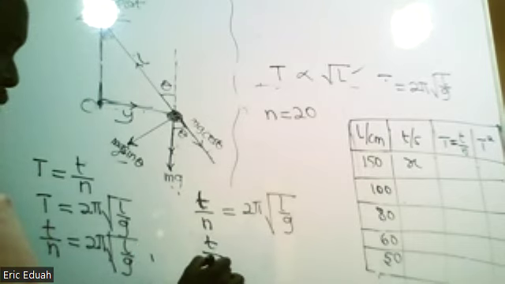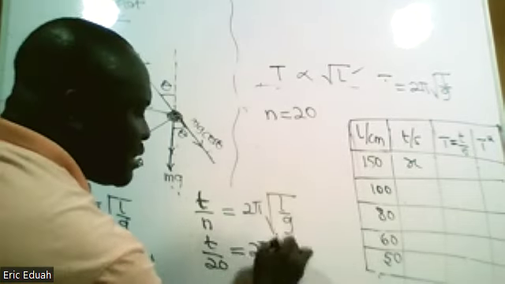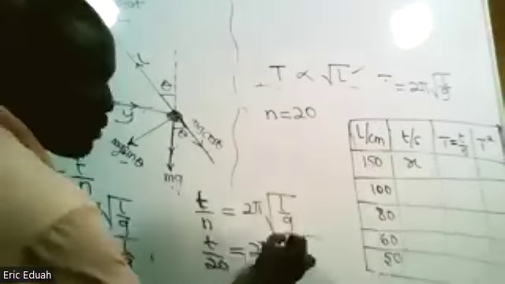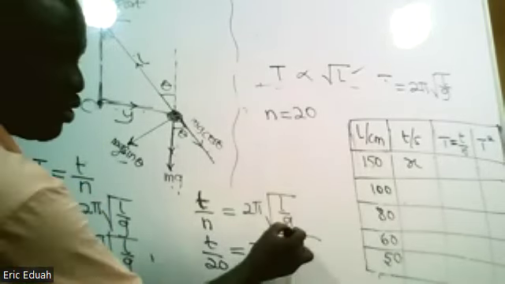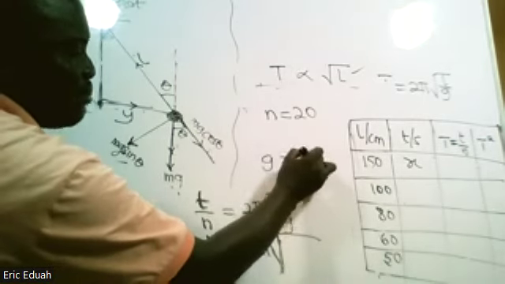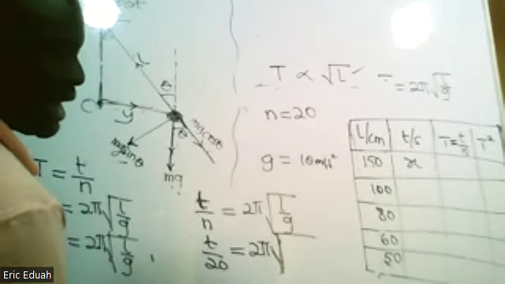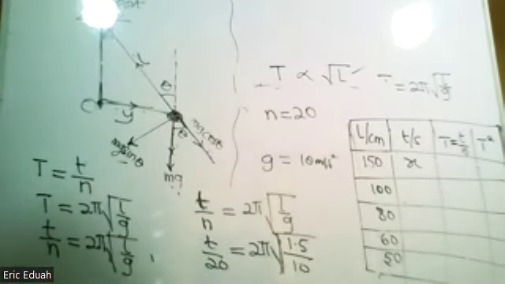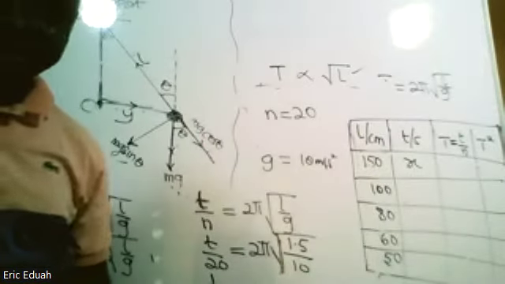So t over 20 is equal to 2 pi times root of, I begin with what I'm given, 150. I must convert it to meters, because I'm going to use g value of 10 meters per second squared. So you change 150 to meters, and that is 1.5 divided by 10. Then I determine that will be for X. That will be for this value.